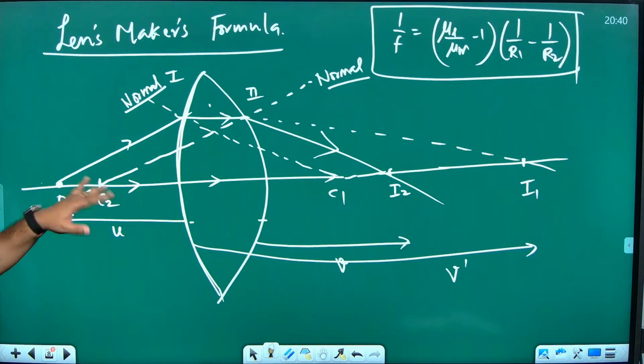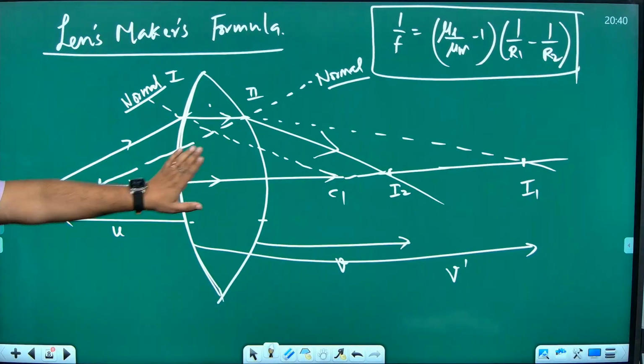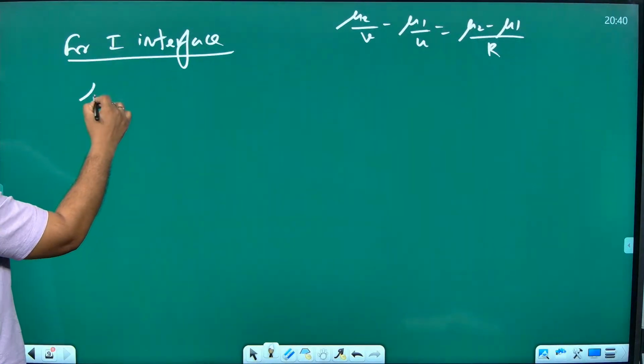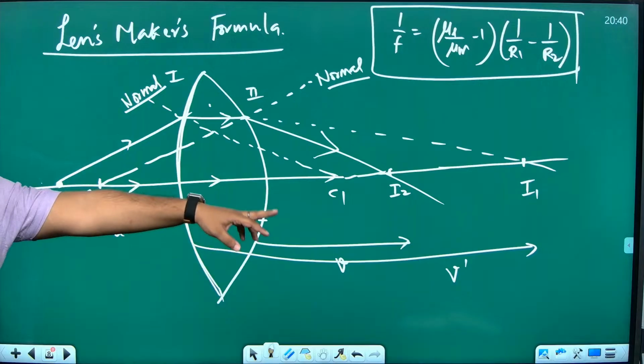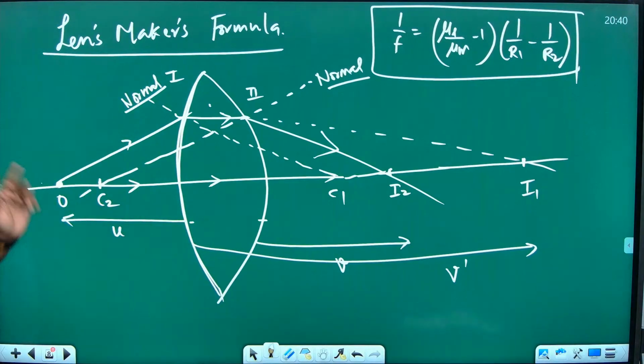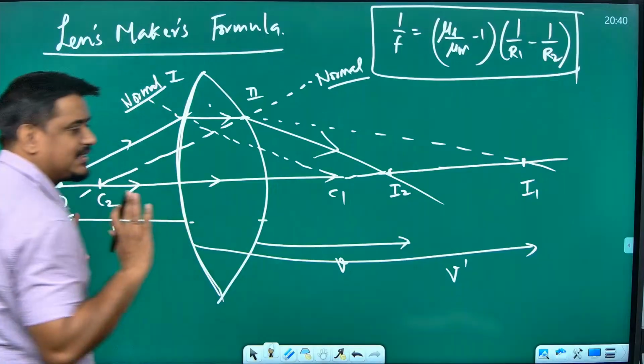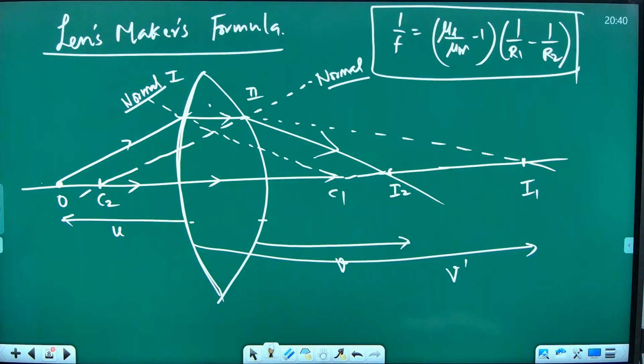Light is going from where? From medium to lens, isn't it? So mu2 will become equal to mu L. Am I right? What is v? V is v dash for the first interface. I said for the first interface, object distance, image distance. I hope you are getting my point.